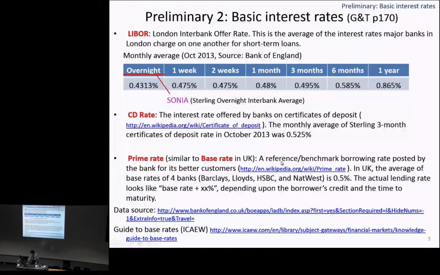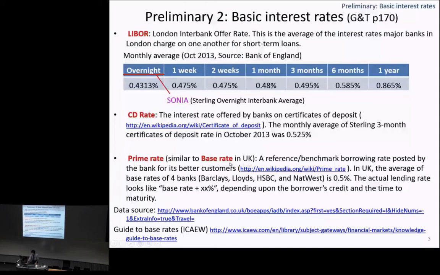It also serves as a benchmark reference rate, so it's relevant not only for the prime customers but also for other borrowers, because actual contracts refer to this rate. Like, okay, you're not our prime customer, so the interest rate for you is our prime rate plus 2%, or our prime rate plus 2.5%. So it serves as a benchmark rate.